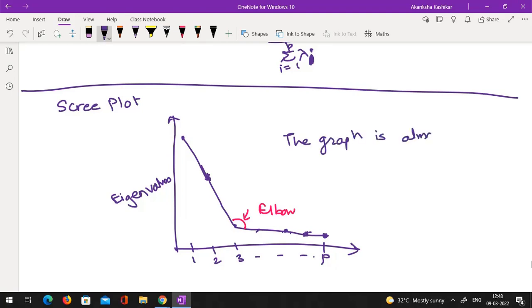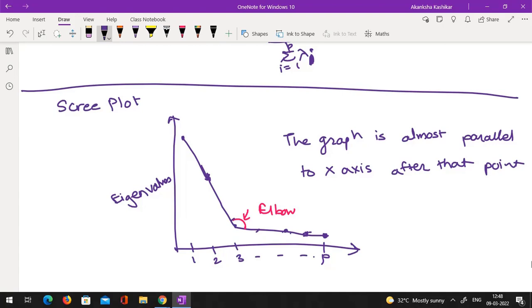What is the meaning of an elbow? The graph is almost parallel to the x-axis after that point, and before that there is a considerably steep slope.